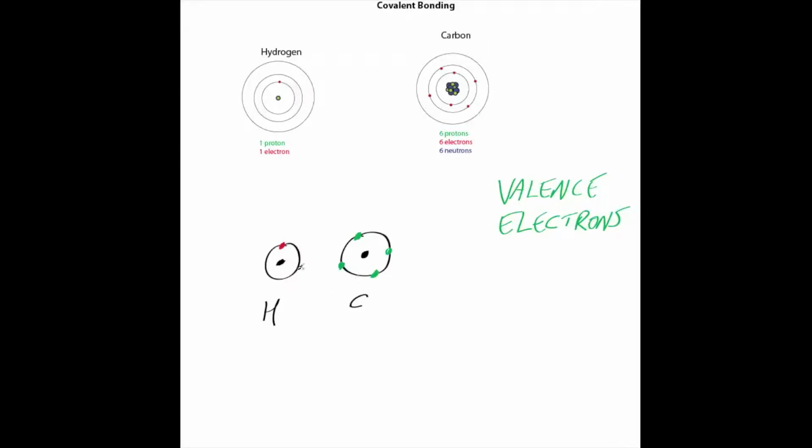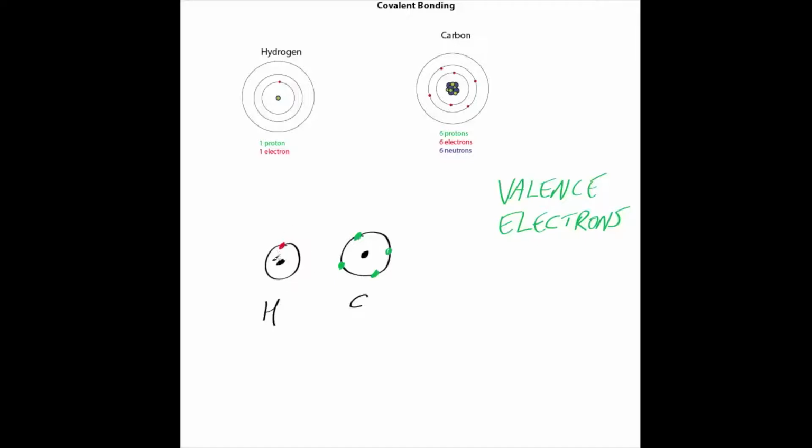Now if we form a bond between these, what a bond means, in this case a covalent bond, is that this carbon atom is going to share the electron of the hydrogen atom with hydrogen. So the hydrogen will think it's got 2 and the carbon will think it's got an extra one here. And this is why carbon can form 4 bonds, because it can share 4 of its electrons with other atoms.